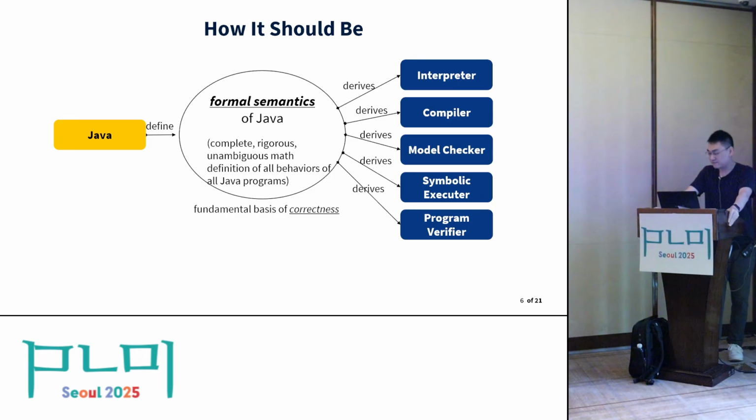Yes, we have Java, and the first thing we should do is define it formally, which means that we want to have a formal semantics of Java. I depict it as a very big circle to illustrate that the formal semantics itself can be a very complicated artifact, and it can actually take no less time to develop than, say, an interpreter for Java. So it's a big effort. Why?